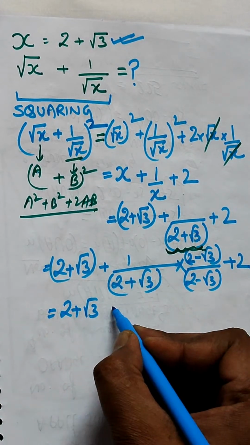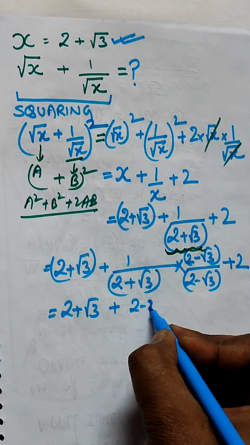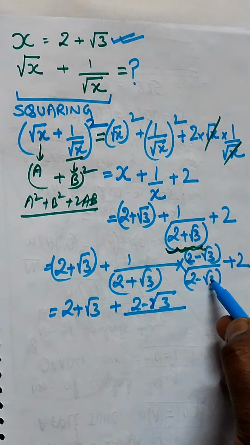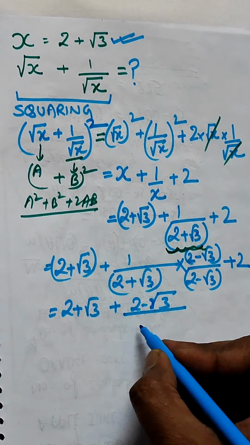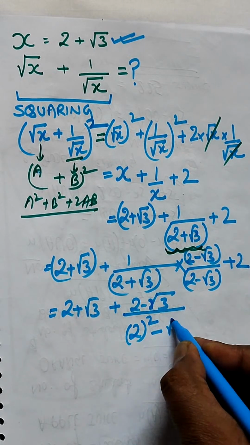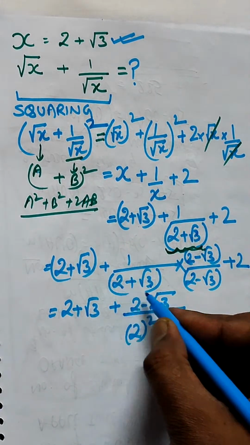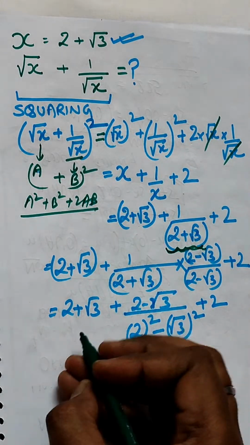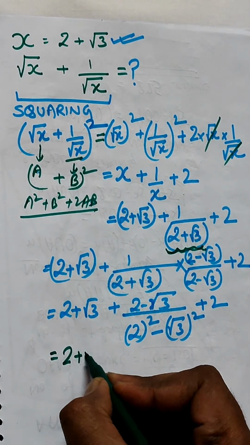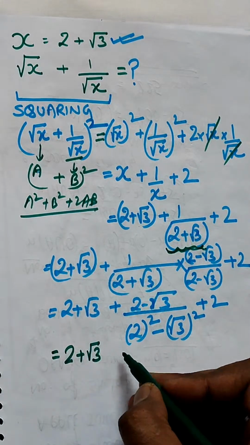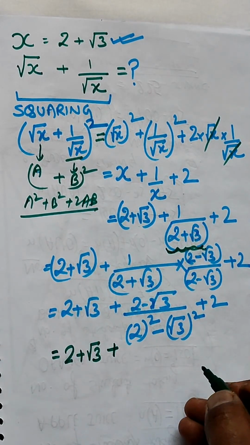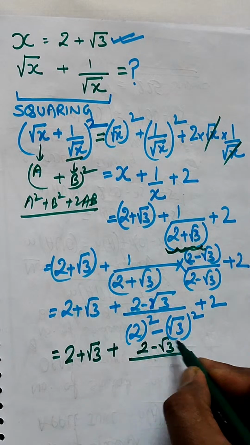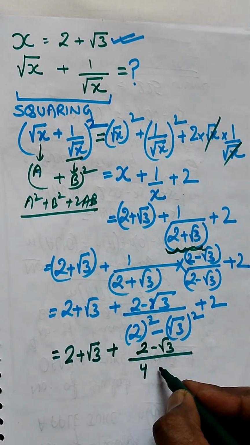Now this will give you 2 plus root 3 plus 2 minus root 3, which is the numerator of the second term, and 2 plus root 3 into 2 minus root 3 in the denominator, that is a square minus b square, where a is 2, b is root 3, right, plus 2. 2 square will be 4 and root 3 square will be 3.